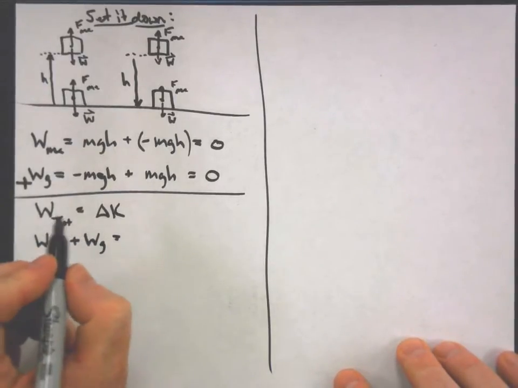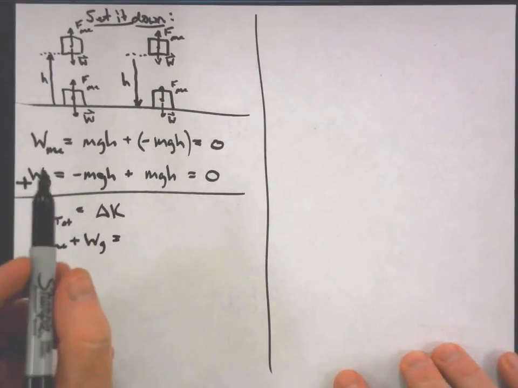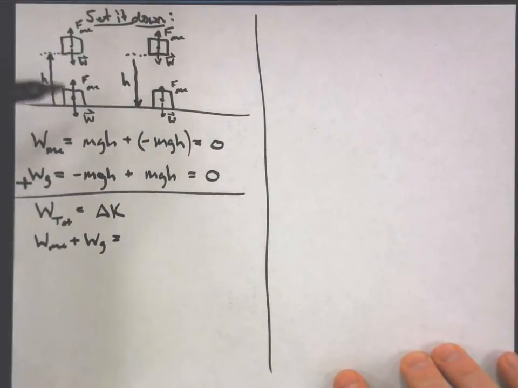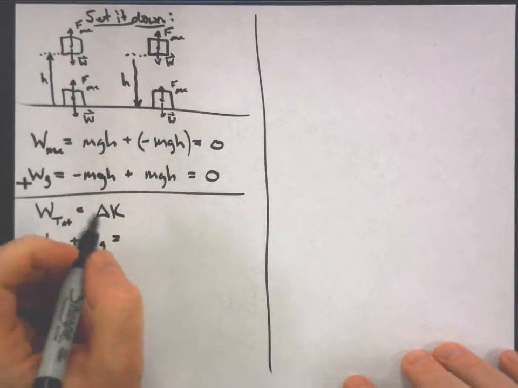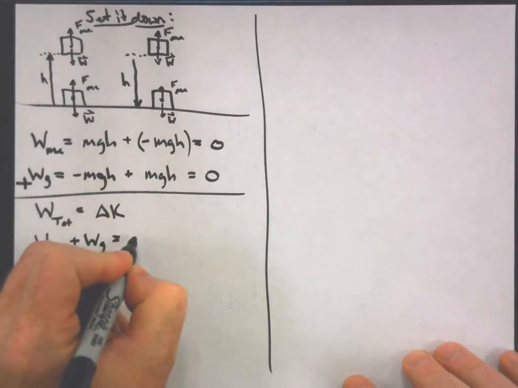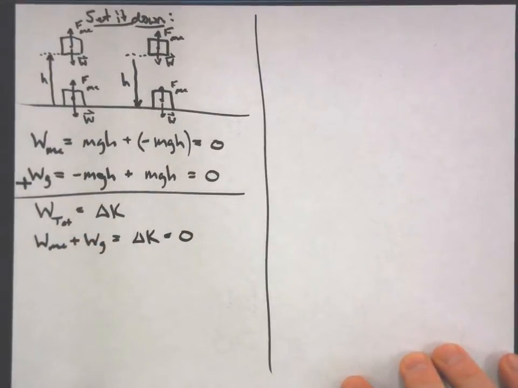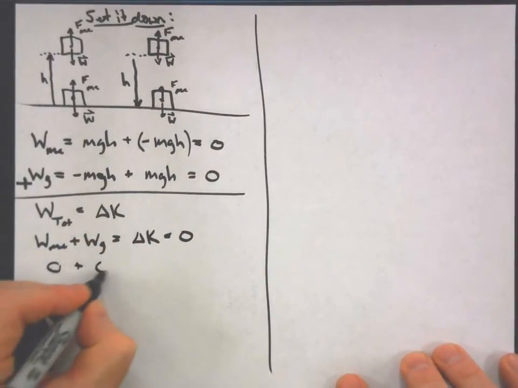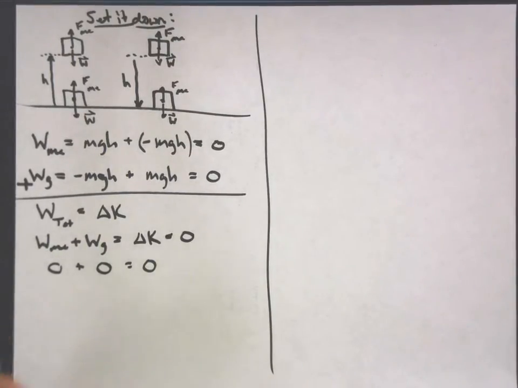Change in kinetic energy is, well, there's no change in velocity. It has zero velocity in the beginning, zero velocity at the end, zero velocity at the top, zero velocity everywhere, except for the trip in between. So there was no change in the kinetic energy, so everything just kind of zeroes out. 0 plus 0, confirmed, equals 0. Okay, we're done with that situation, with setting it back down.